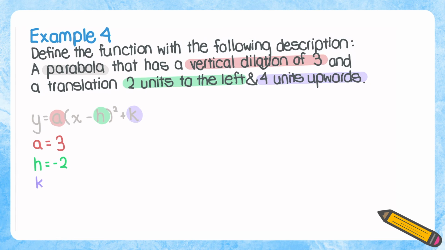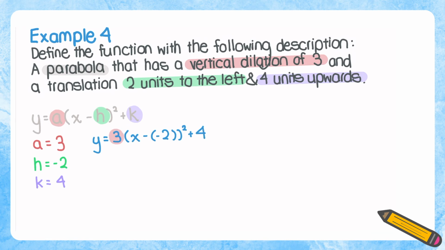So k will equal +4. So now I can write what the function would look like. y equals 3 times (x minus negative 2) quantity squared plus 4.